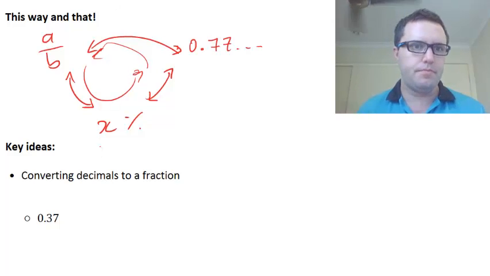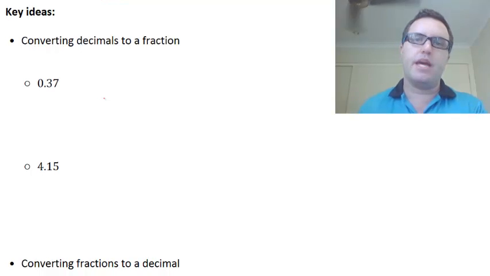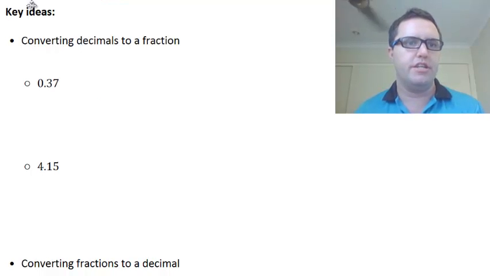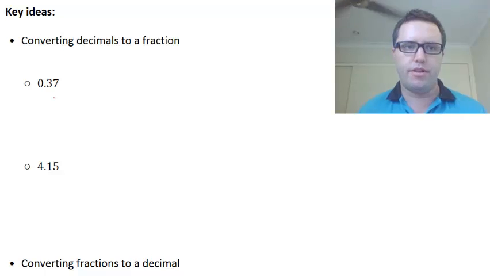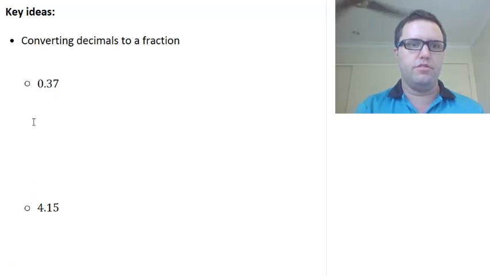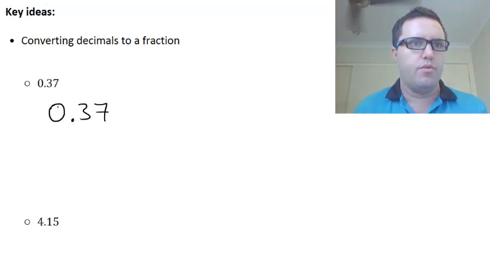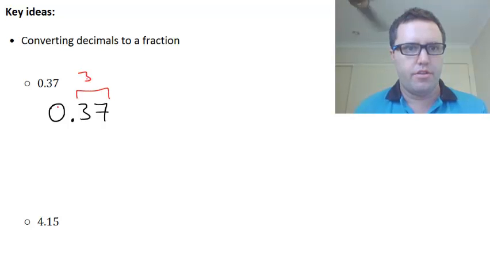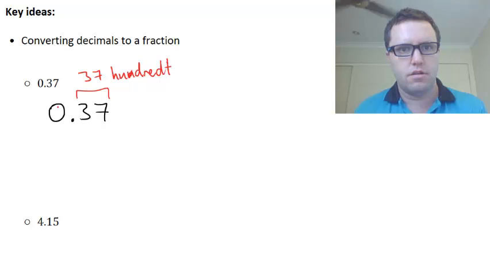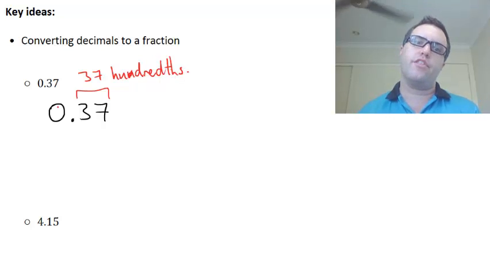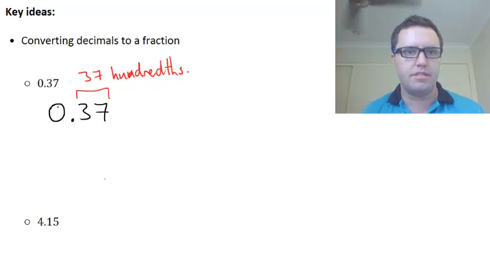Okay, some key ideas for us: being able to convert decimals to a fraction. If we look at this number here, 0.37, we have 37 hundredths, because remember this is the tenths column here, and this is the hundredths.